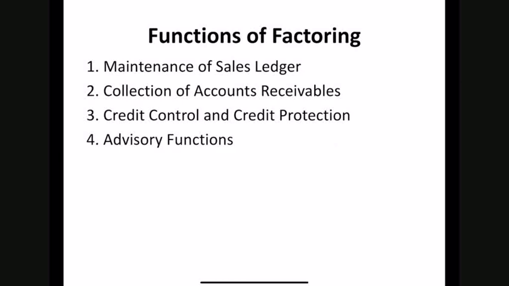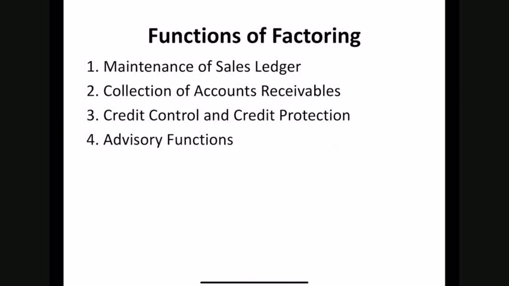Now let us move on to the next one, that is functions of factoring. The first function of factoring is maintenance of sales ledger. A factor maintains the sales ledger for his client. An invoice is sent by the client to the customer, a copy of which is marked to the factor.